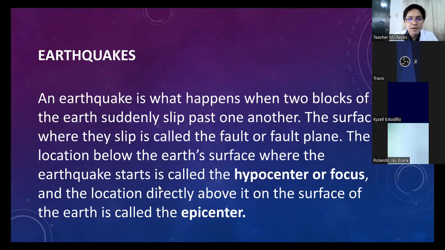The location directly above it on the surface of the Earth is called the epicenter. I know that you have heard these terms already, because the epicenter is usually broadcast on the news; if there is an earthquake, we usually locate the epicenter.